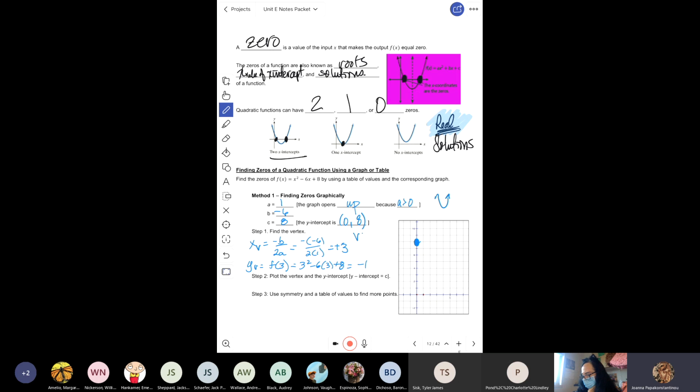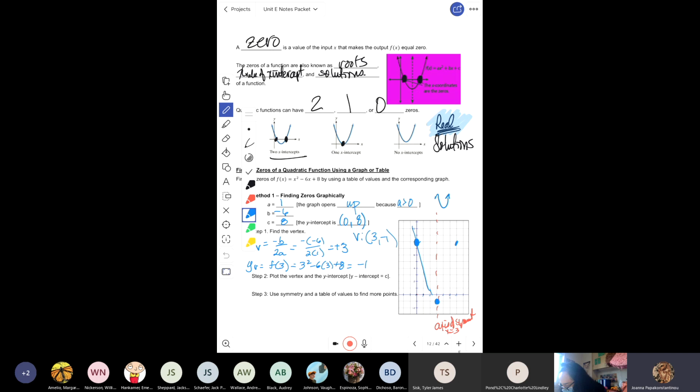So my vertex is 3, -1. Do I know my axis of symmetry? Beautiful. So I do know another point. So I'm 1, 2, 3. So 1, 2, 3 up to 8.